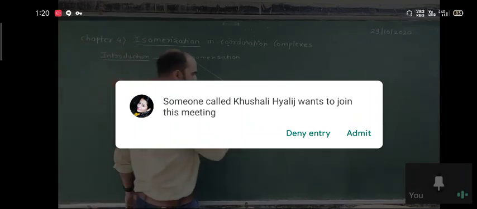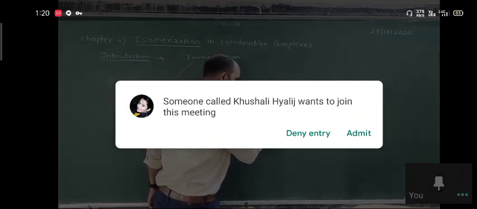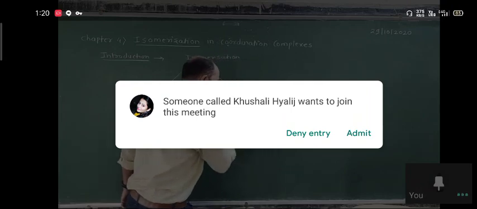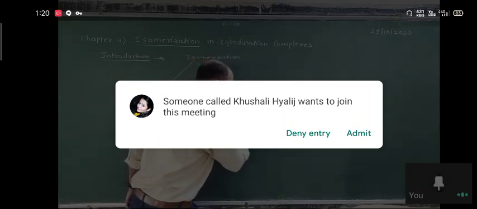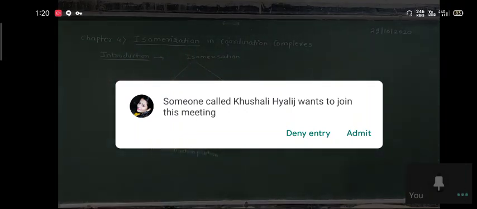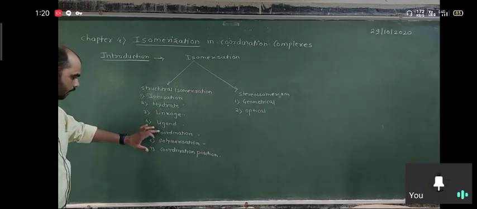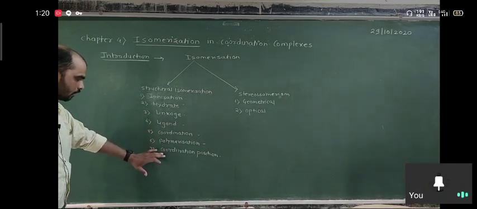In stereoisomerism there are two types: geometrical and optical. So the structural types are ionization, hydrate, linkage, ligand, coordination, polymerization and coordination position.